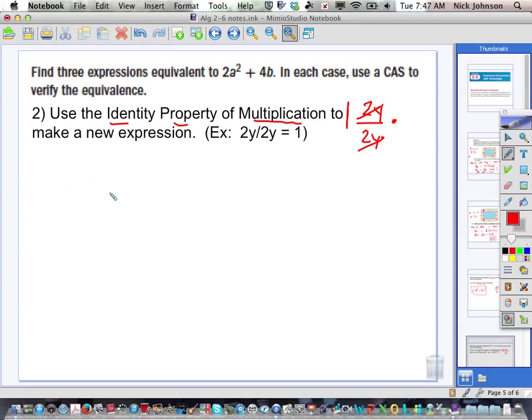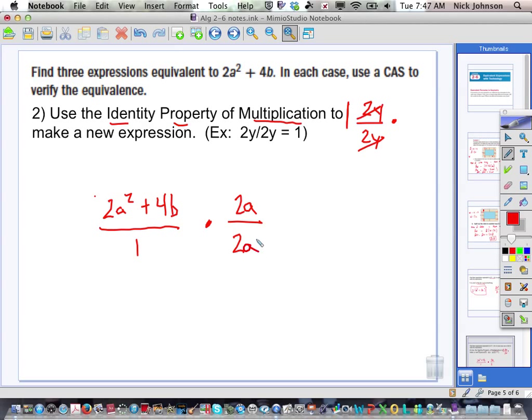What I'm going to do is take 2a squared plus 4b, put that over 1, and multiply that by, let's say, 2a.